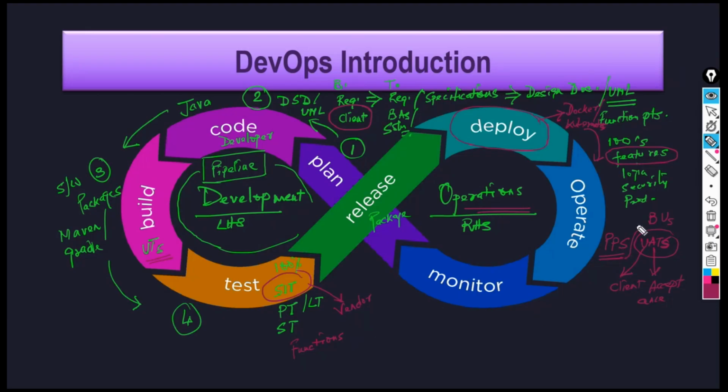But the business users will look at the product from different angles. After the UAT, it will go into some monitoring servers. Some monitoring tool will be there. What are the tools we will discuss?